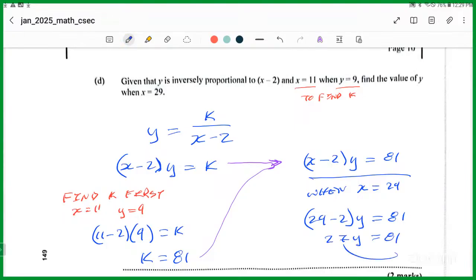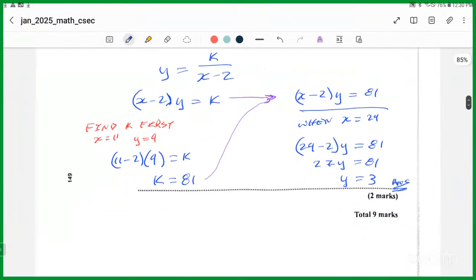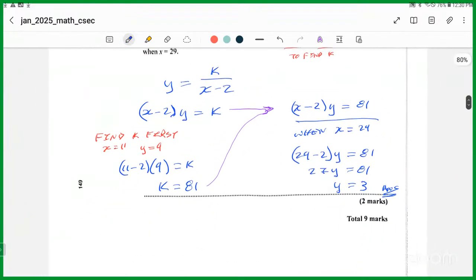If you divide by 27, you're going to get y equals 3. 81 divided by 27 is 3. So this is the answer right here. Are you okay with that? Yes, sir. Right. Good. That finishes that question.